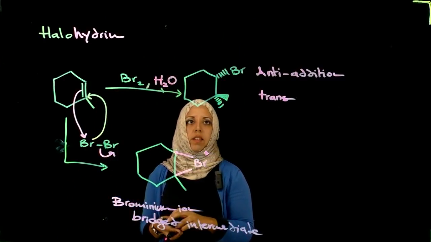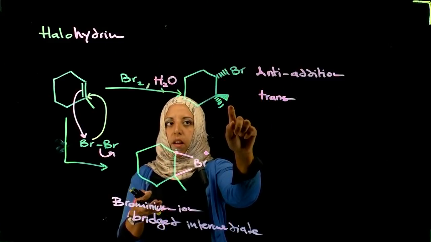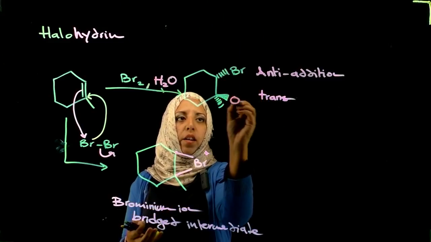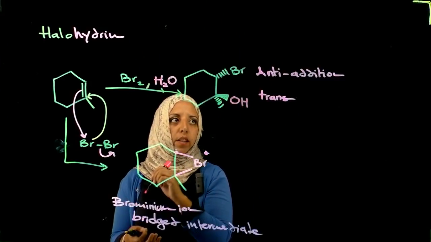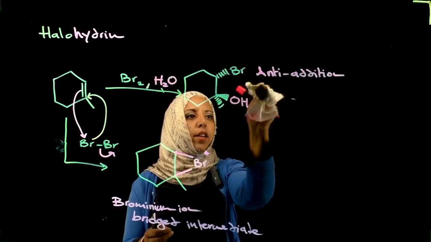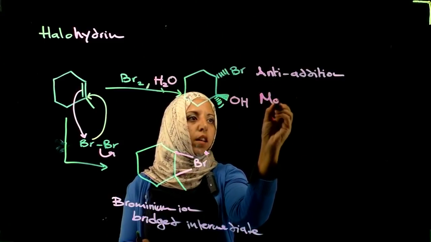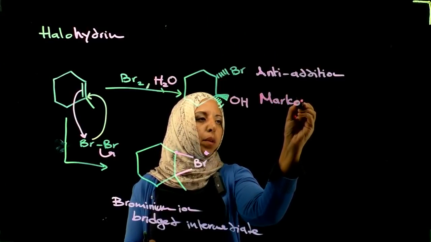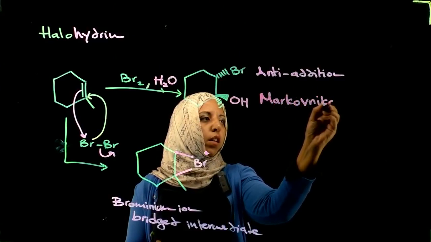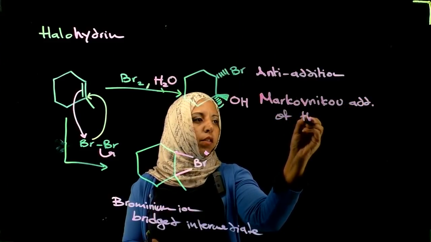And the product is still an anti-addition of bromine and a hydroxide, but the hydroxide adds to the more substituted carbon. So it's an anti-addition, and it is also a Markovnikov addition of the hydroxide.